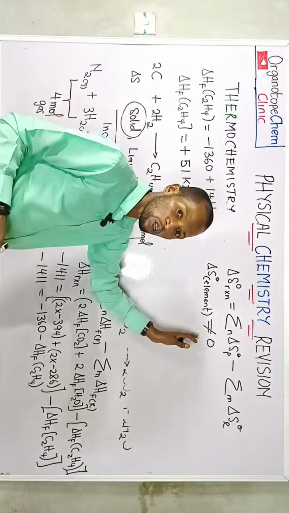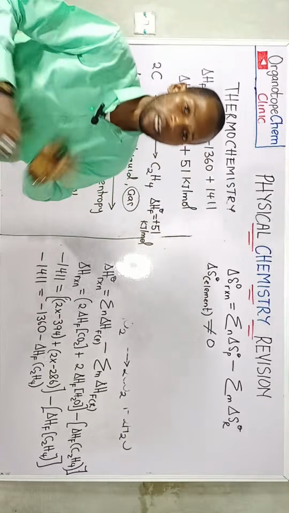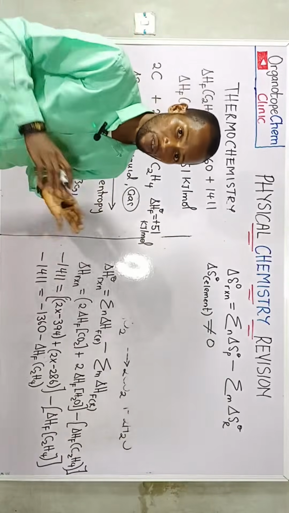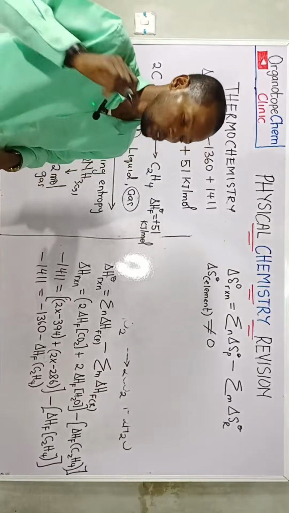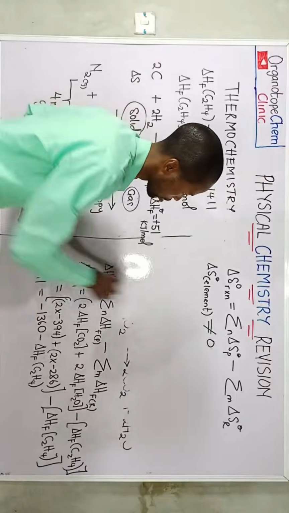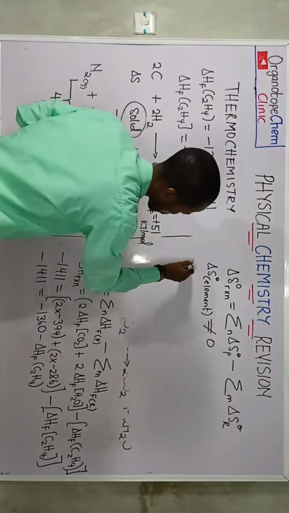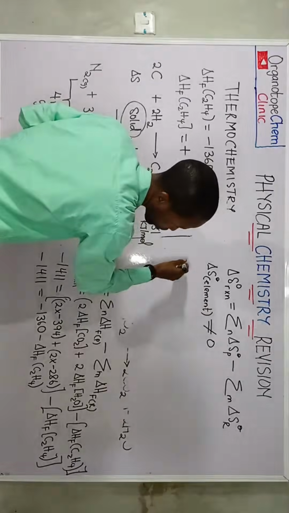But for entropy, standard entropy of an element is not equal to 0. So there is a value for the entropy of an element, and you will be given that value. Okay? Now we have an expression for the entropy.